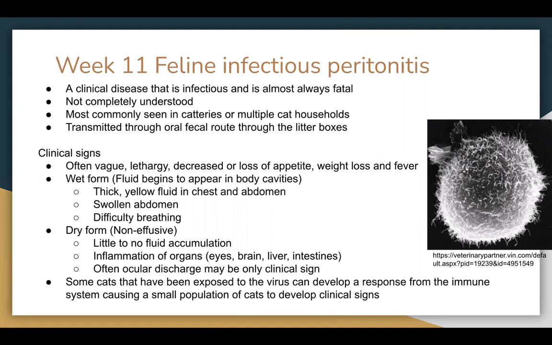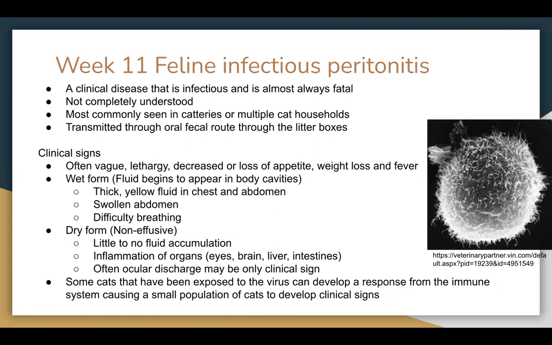There are 2 forms of the virus, which is the wet form, where fluid can be seen in the abdominal or the thoracic cavity. This is thick yellow fluid. Swollen abdomens can be seen, or they can have difficulty breathing.